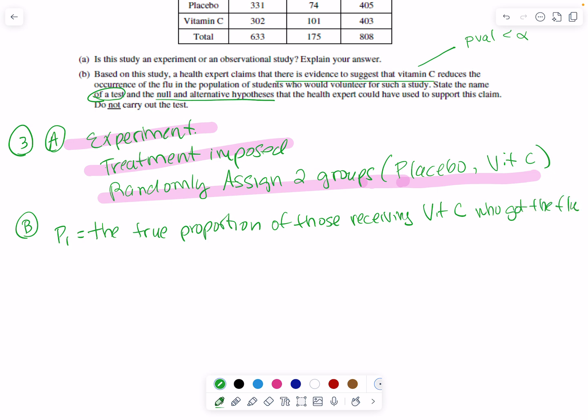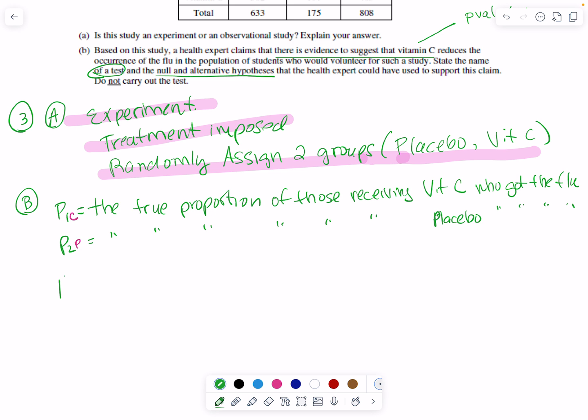Or you could call it P, and you could put a C there or something for vitamin C. The next one, P2, or you could put maybe a P for a placebo or something like that. And I'm just going to do this because it saves a lot of time. Oops, not vitamin C. This is placebo. And these are the people that got the flu. Okay, so that's the first thing I'm going to have to do.